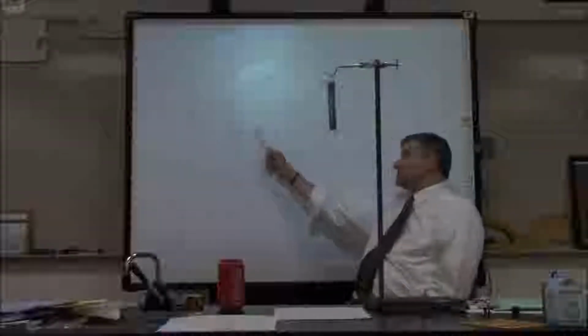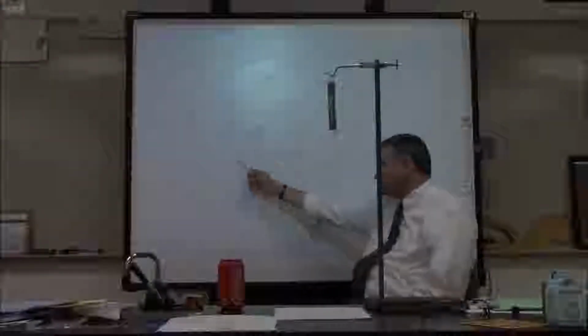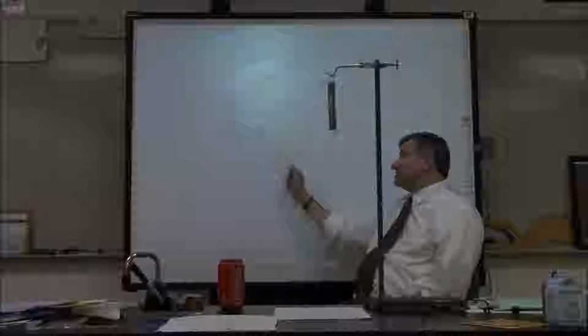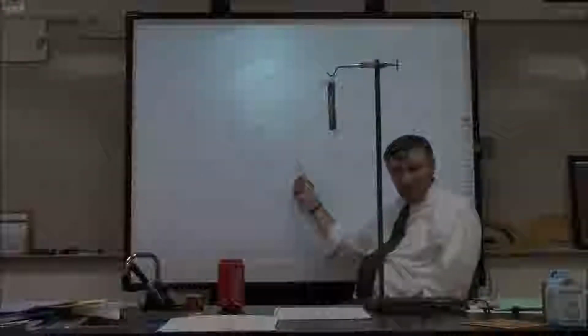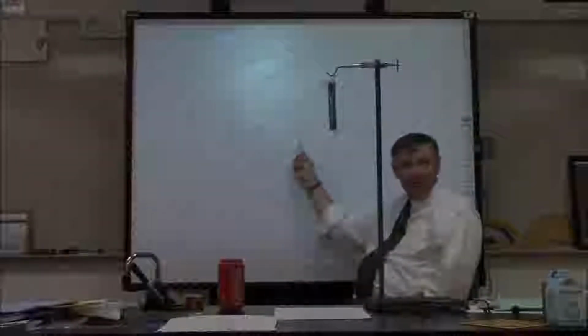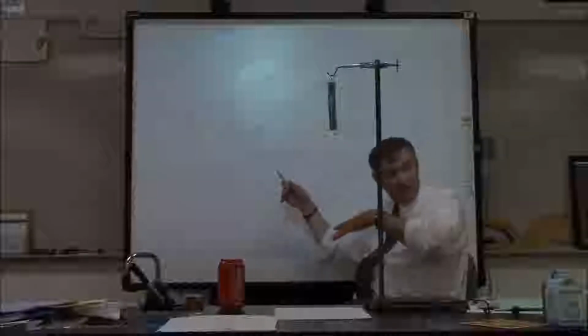What's going to happen to the amount of force that that's going to take? It's going to increase, right? So for a given elongation, that's going to require more force. The slope is going to become smaller, okay? The other way that you could say it is for a given amount of force, what's going to happen to the elongation? The elongation will be less, and that's going to flatten out the slope.